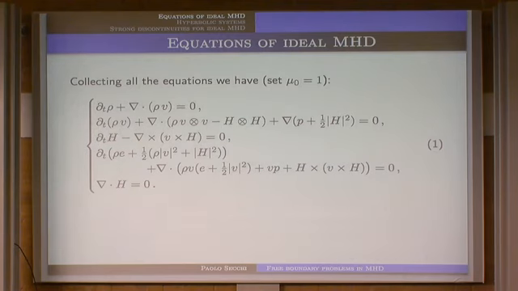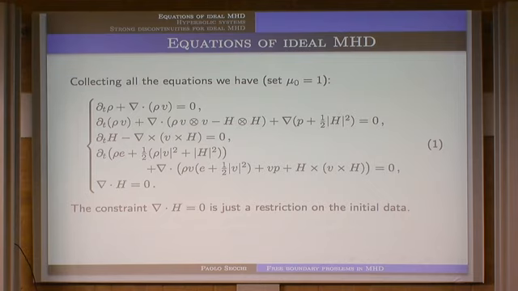Then we take all together, and this is the complete system, where mu 0 now is, for simplicity, taken equal to 1. So again, continuity equation, the equation for the momentum, the equation for H, the energy conservation, plus the constraint on H. This is the complete system. It is a system of first order equations, as you can see.